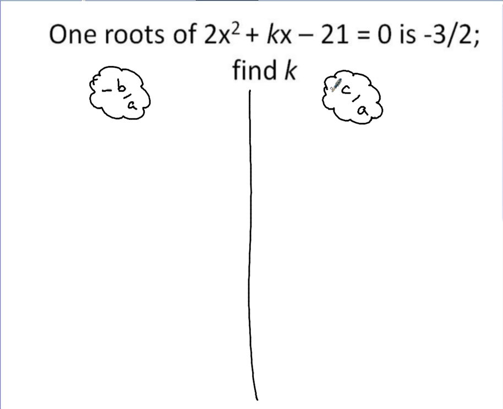We know the product of the roots is going to be negative 21 over 2, because that's C over A. We also know one of the roots is negative 3/2, but we don't know what the other root is, so if I multiply on that root, I'll use R for root, negative 3/2 times R will give me negative 21 over 2 back.